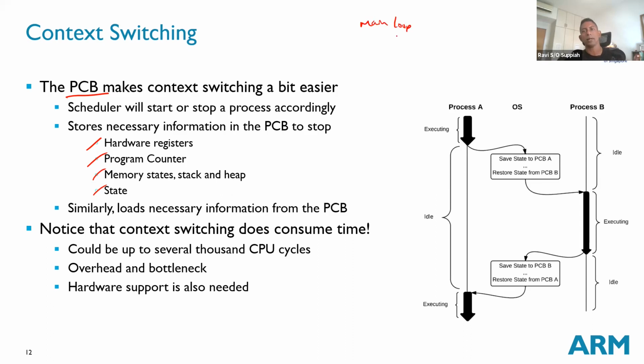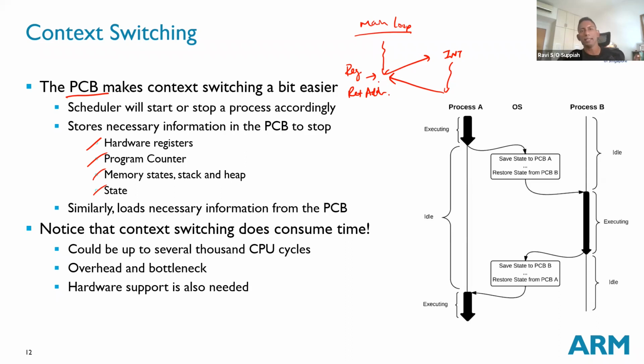For example, in our super loop, your main loop is running and you have an interrupt, and then you finish and you come back. But in that super loop context, the only thing we save is some register information and the return address. Then we can go to the interrupt and come back.